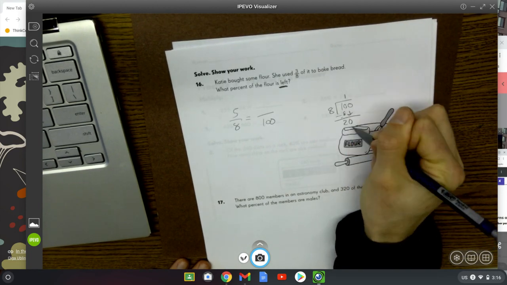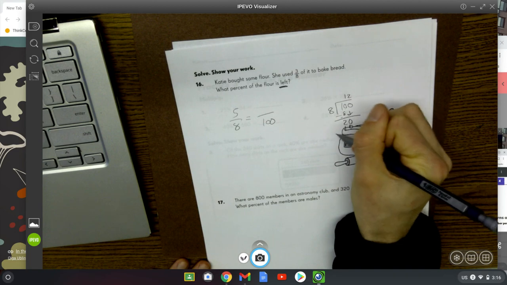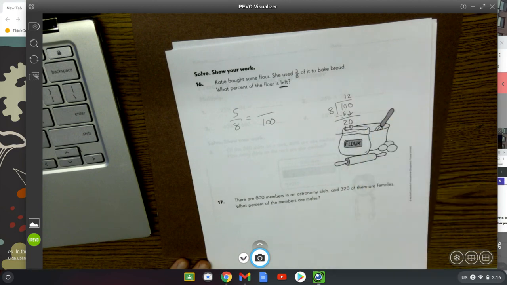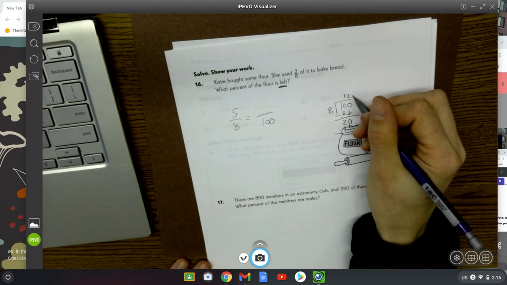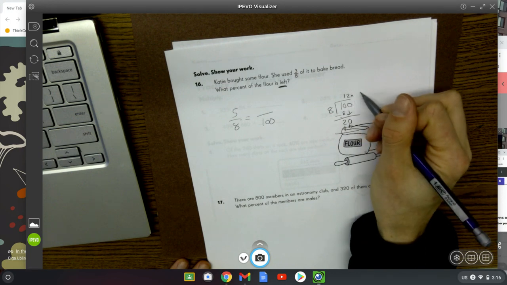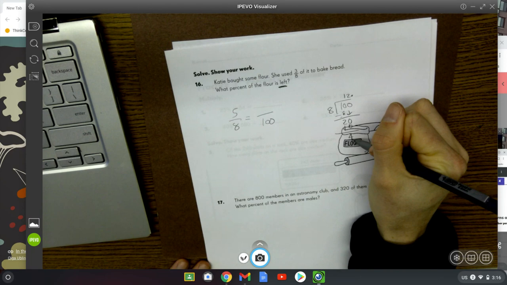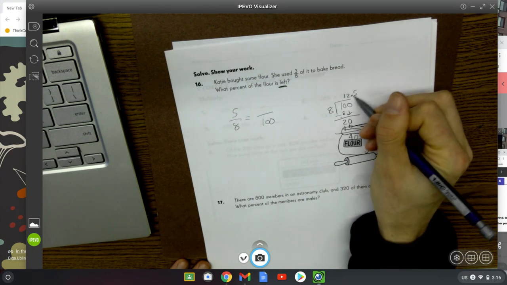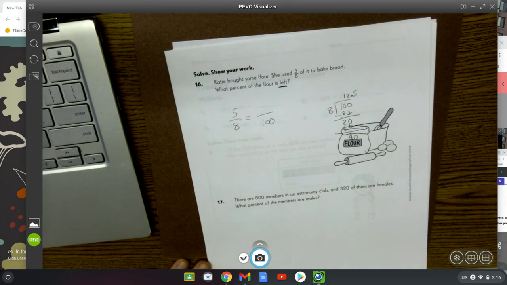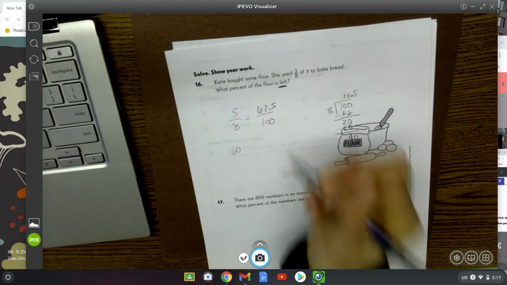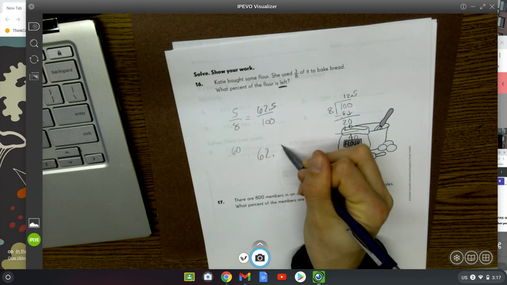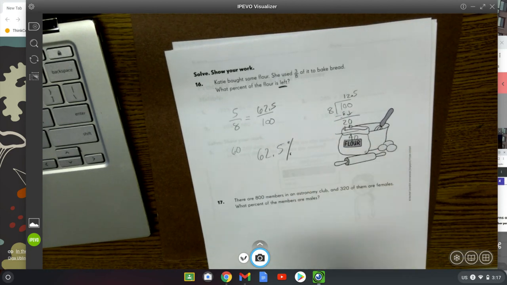Bring down my 0. 8 goes into 20 twice. 16. 4. 12. And 8 goes into 40 5 times. 12 and a half. So what's 5 times 12 and a half? Well, 5 times 12 is 60. Plus half of 5 is 2.5, so 62.5%.